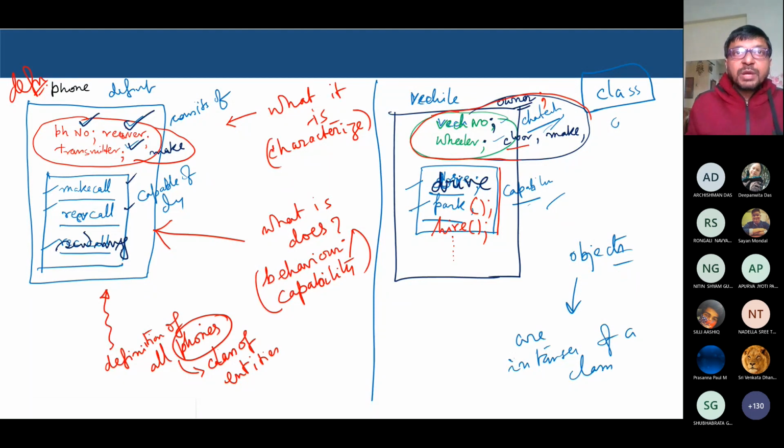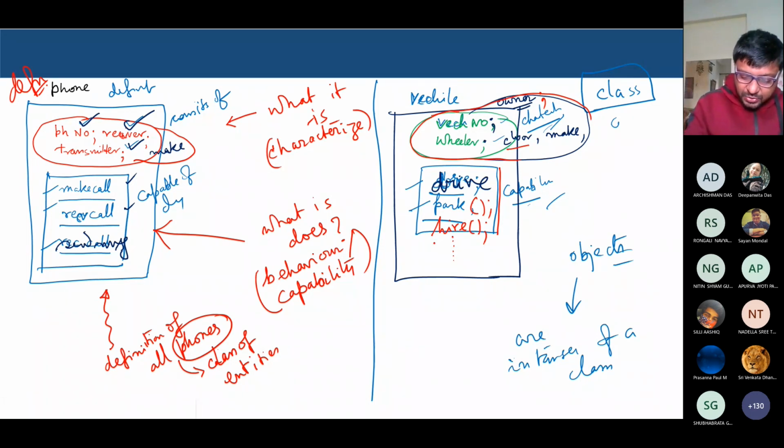We have got some kind of similarity because all phones can be characterized with similar attributes, and they have similar behavior. That's why we say that all these individual phones, all those 6 or 8 phones, are a similar class of entities. That's why the terminology class comes. All are of the same type, or all bear the same definition.